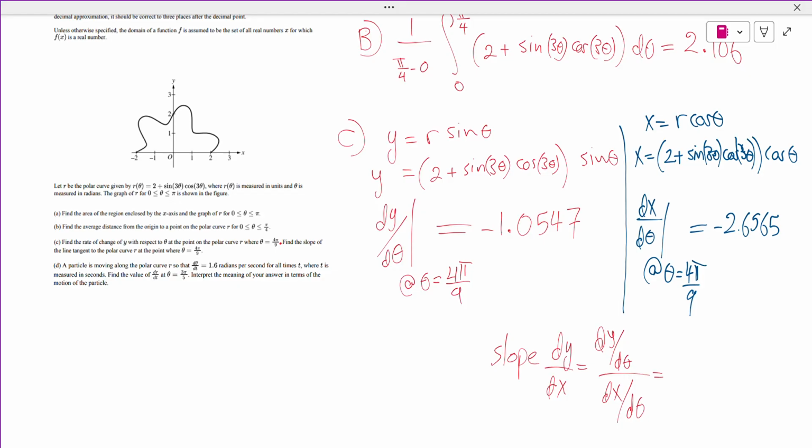So divide both numbers: negative 1.0547 all over negative 2.6565, and this simplifies to 0.397. This is the slope.